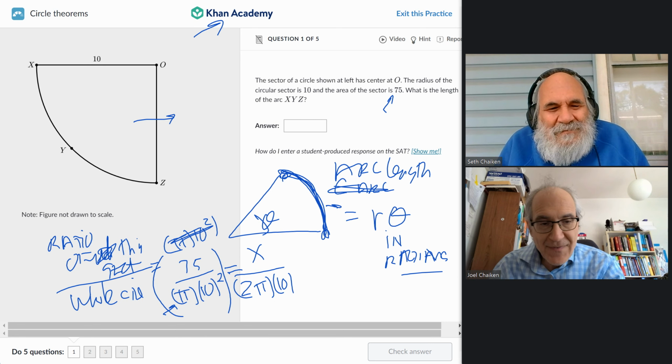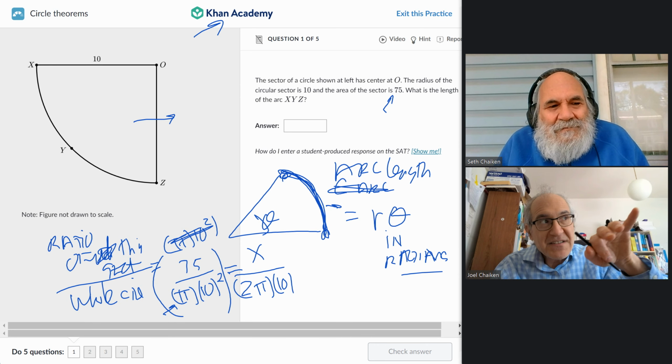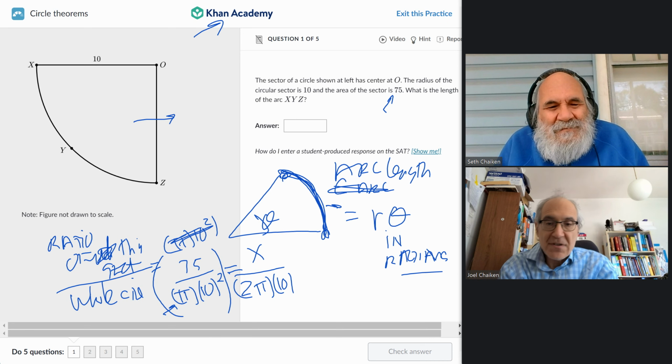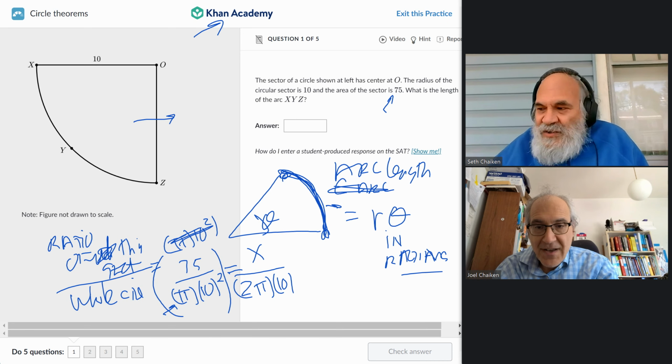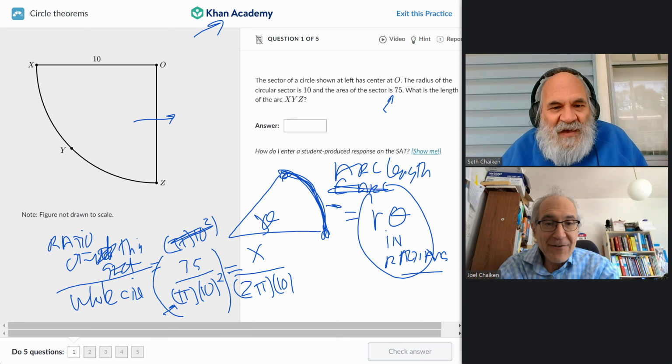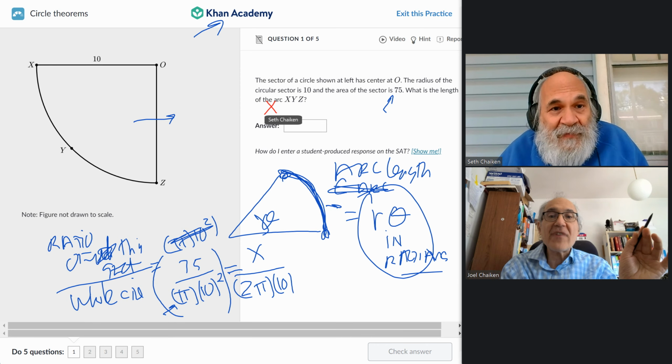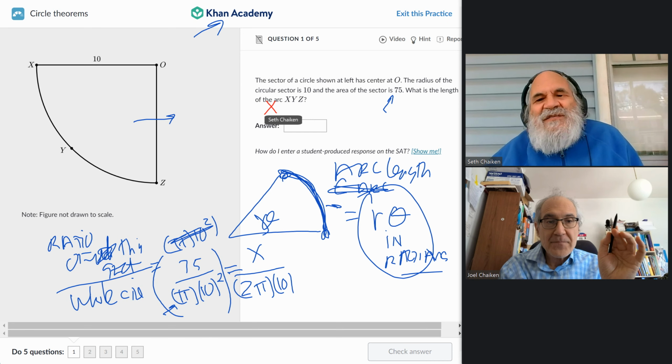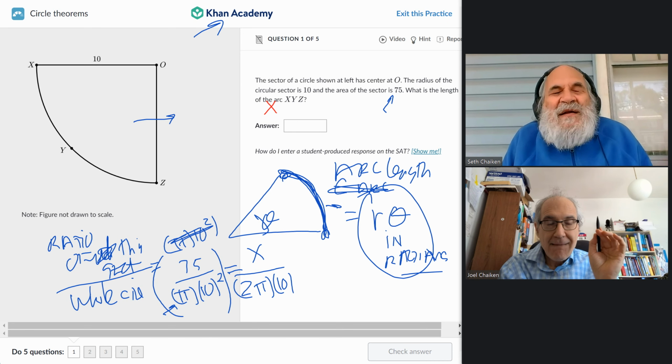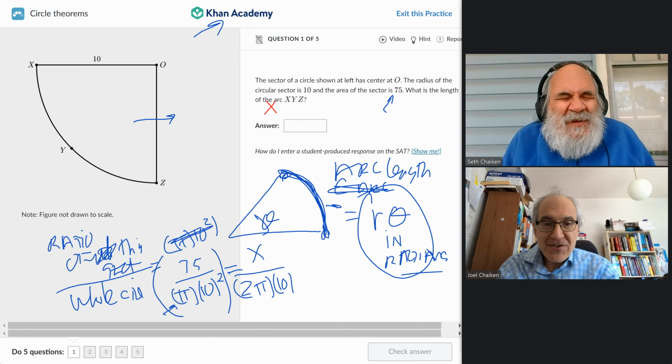We're setting the ratios. The ratio of the area to the whole circle equals the ratio of the arc to the whole circumference of the whole circle. The x thing is the answer. Right, exactly. So we're doing it strictly as a ratio problem. That's better.